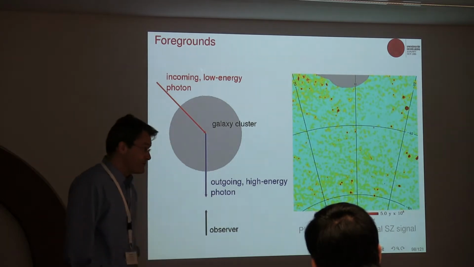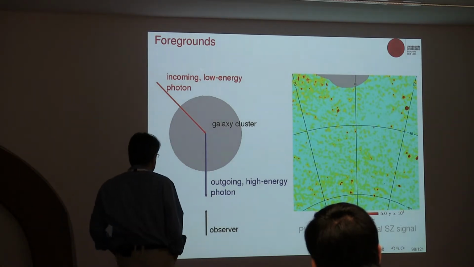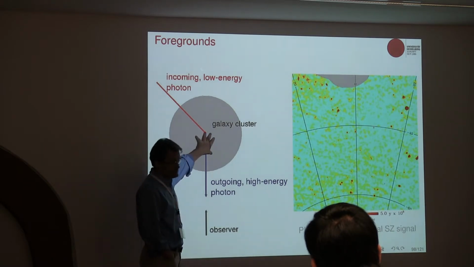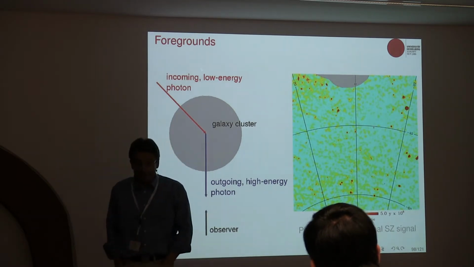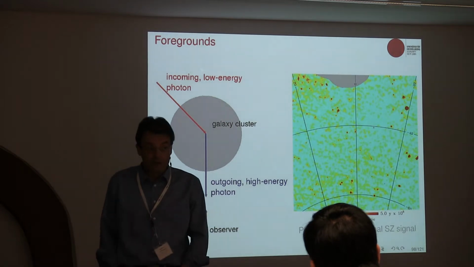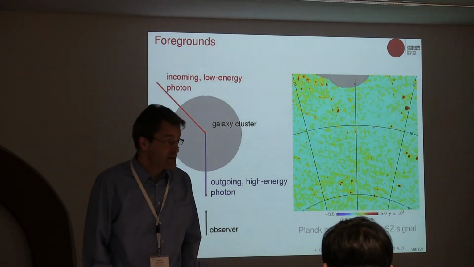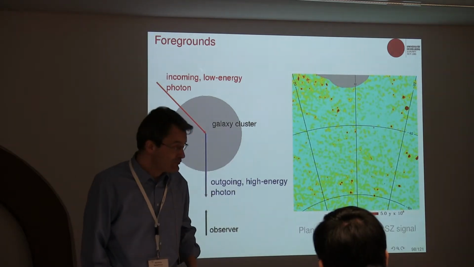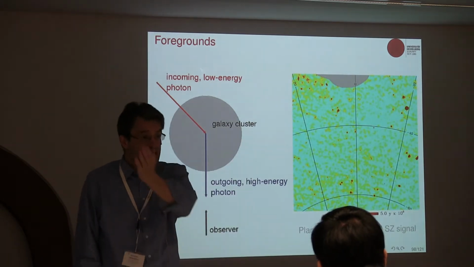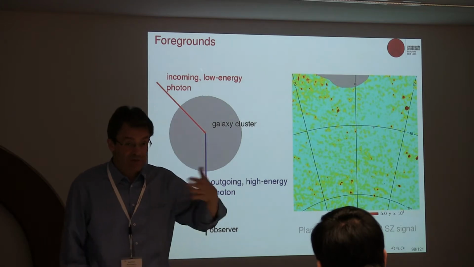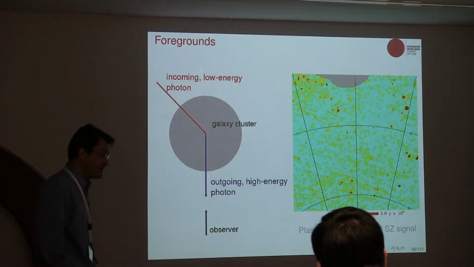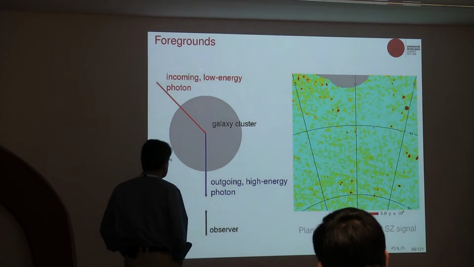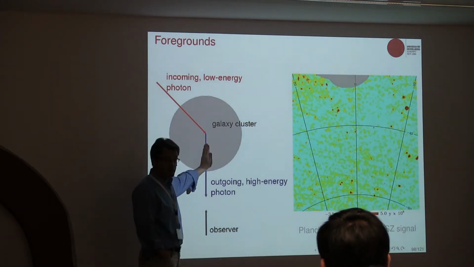So if you observe the cosmic microwave background through a galaxy cluster, through the hot gas in a galaxy cluster, and you observe at low frequency, you see galaxy clusters as shadows, right? Because photons have been removed. They have to reappear at higher energy. So you see the same galaxy clusters which appear as shadows at low energy, as sources at high energy.